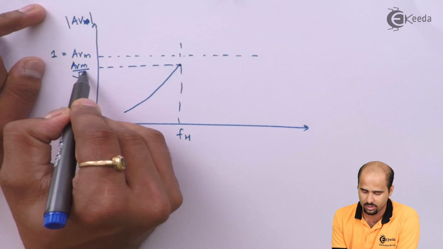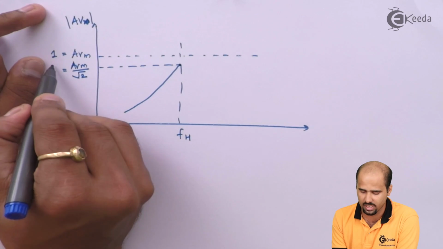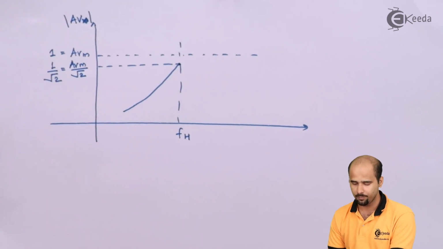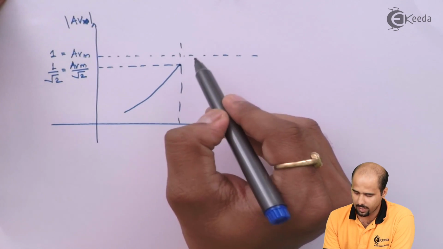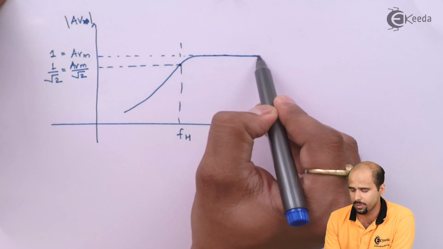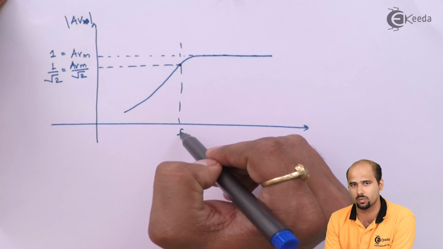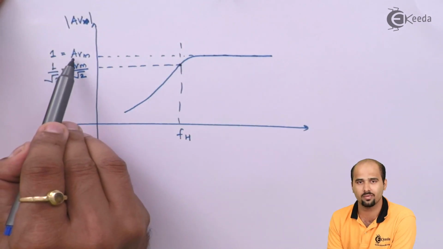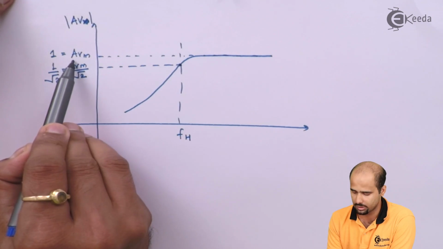It is AVM divided by root 2. In this case, we will be getting 1 upon root 2. Okay, we will move further. If value of f increases, then after one particular value fh, f is equal to fh, after that we'll be getting a constant value with the maximum value of voltage gain for that particular circuit.